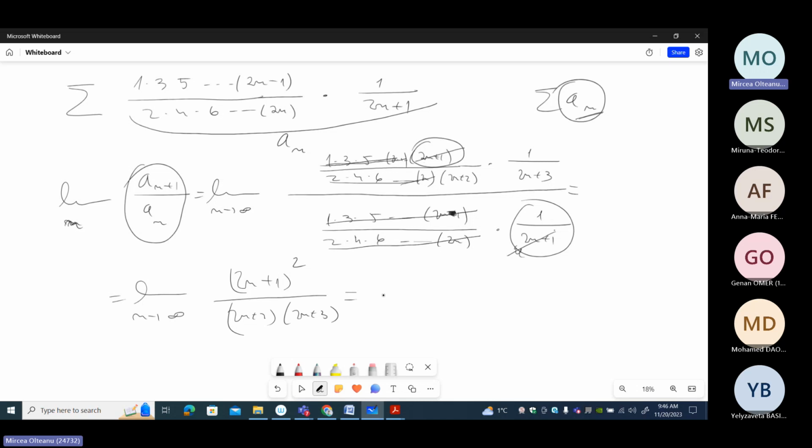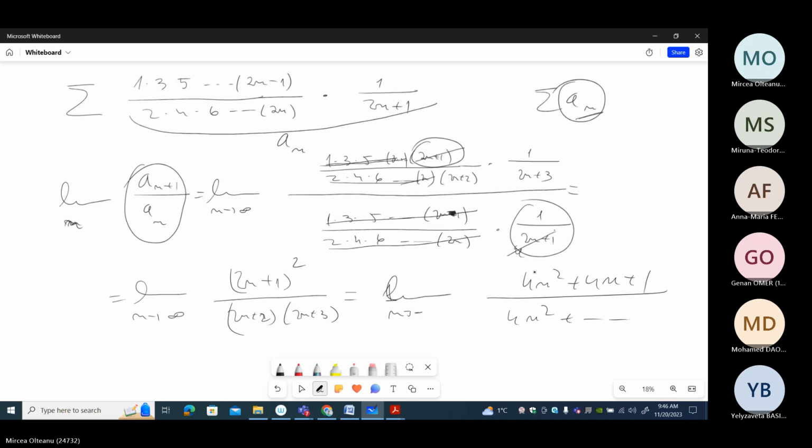And now this limit is 1, because the powers are equal. They are quadratic functions, and so the limit will be the ratio of the coefficients. Here you have something like 4n squared plus 4n plus 1, and below you'll have 4n squared and so on. It doesn't matter, the other terms.